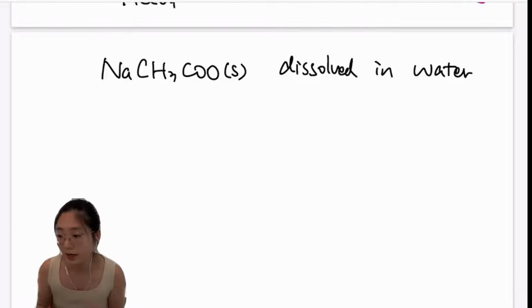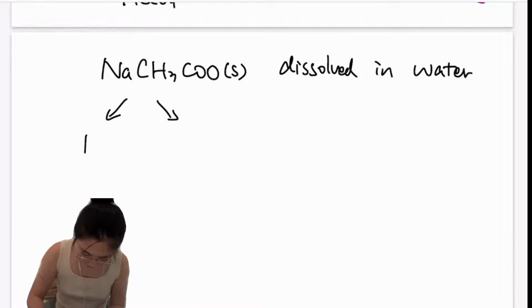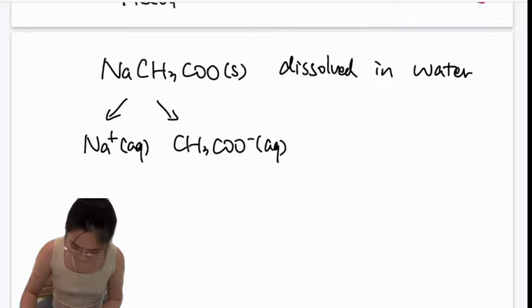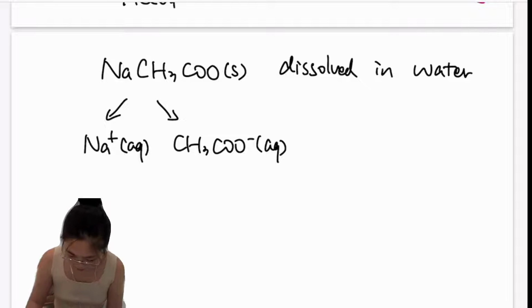So when an ionic compound dissolves in water, it immediately dissociates into cation and anion. So we need to take a look at both parts. The sodium cation actually comes from the strong base sodium hydroxide, right?